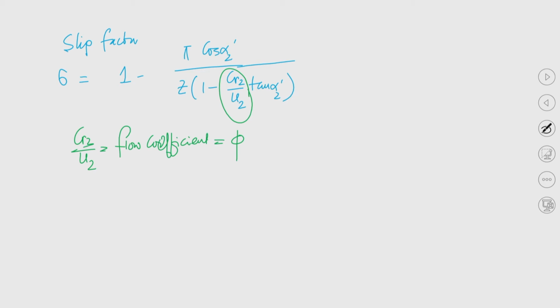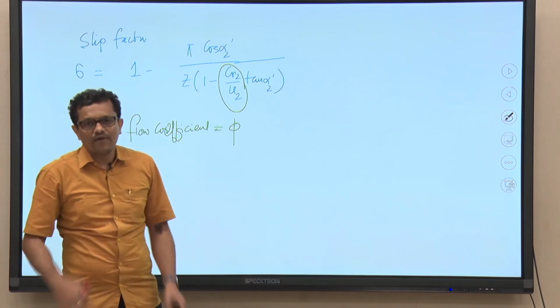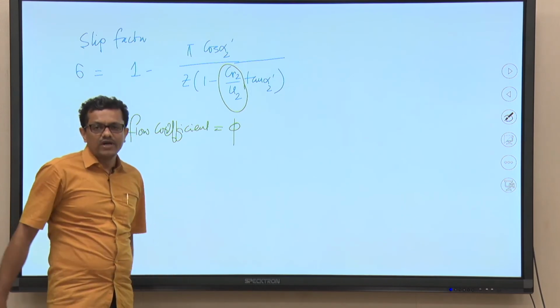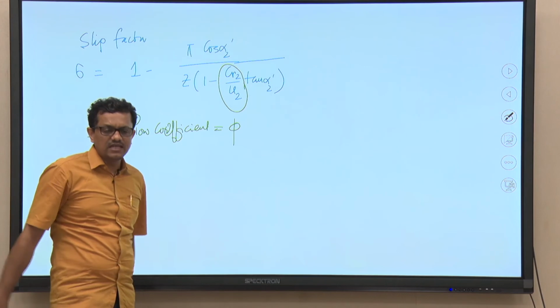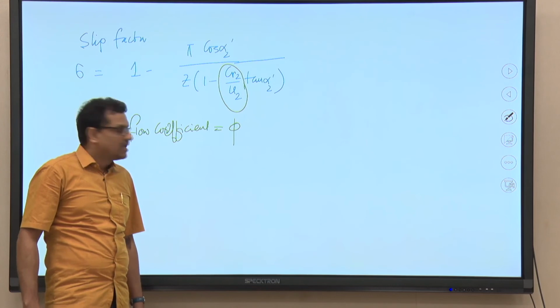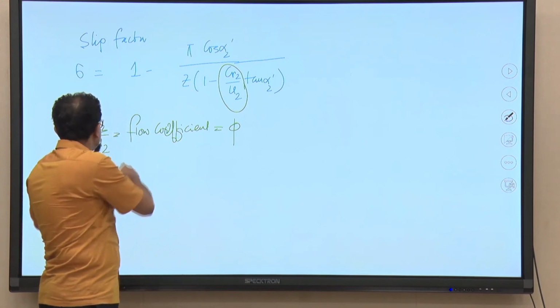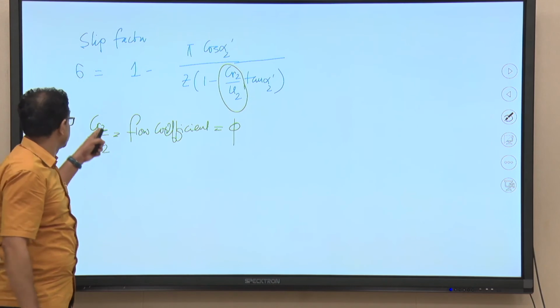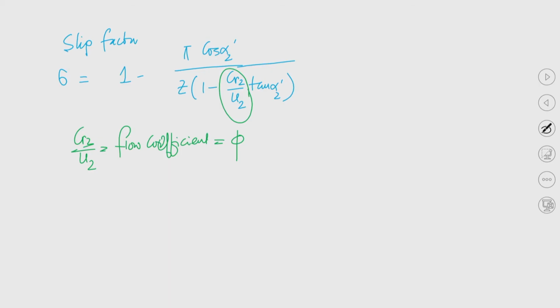Basically it is used to represent the volume flow rate at all flow conditions. So, phi I will be discussing in the context of pump affinity laws. You can understand this is a dimensionless term, because this is also velocity, this is also velocity. So, this is a dimensionless term which is used to describe the volume flow rate, and this phi is basically volume flow rate Q. So, sometimes it is known as volume flow coefficient.